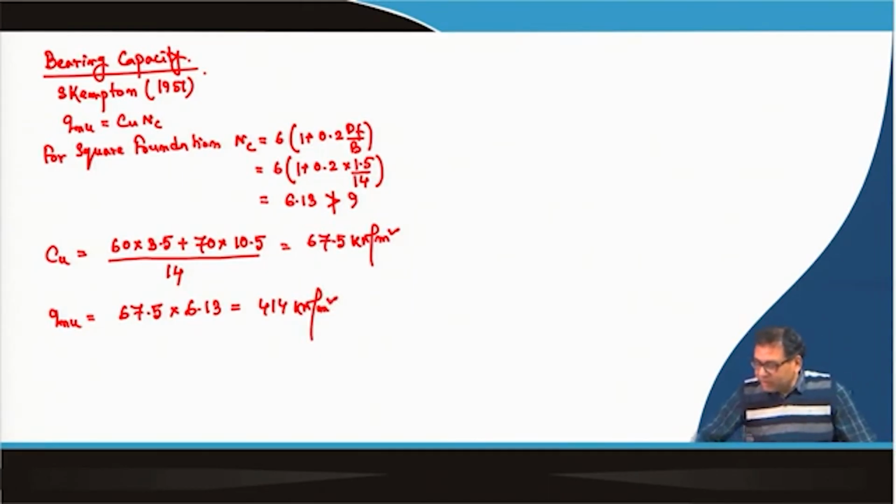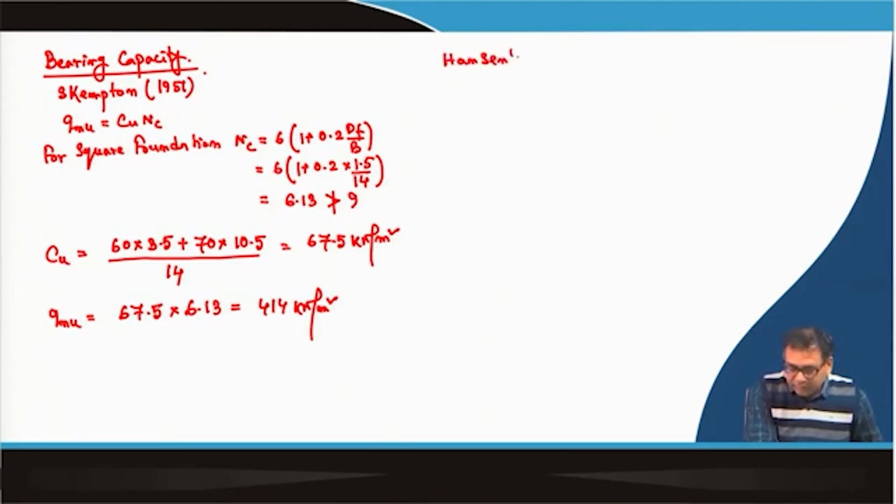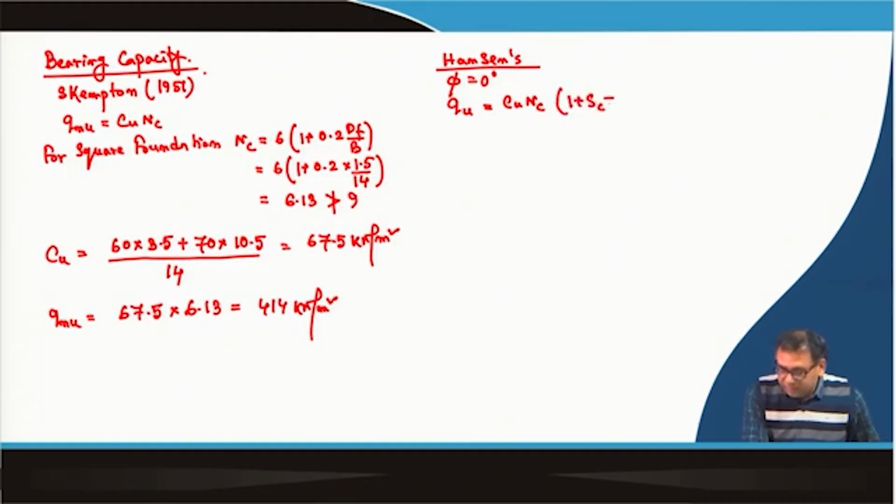Now, I will use Hansen's bearing capacity equation. For phi equal to 0 degree, because here phi equal to 0, Q ultimate is equal to Cu Nc, 1 plus Sc plus Dc minus Ic, then plus q.